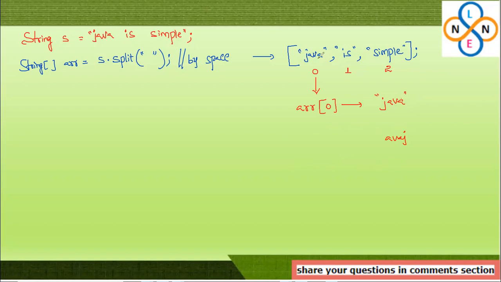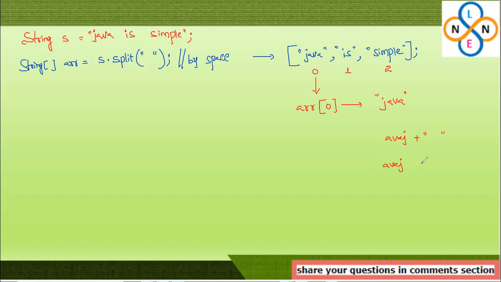Once we reverse the first word, what is the next thing? We have to add one space. So a space character within double quotes, a space key, and you can close this one. For this, the end result will become AVAJ followed by a space.